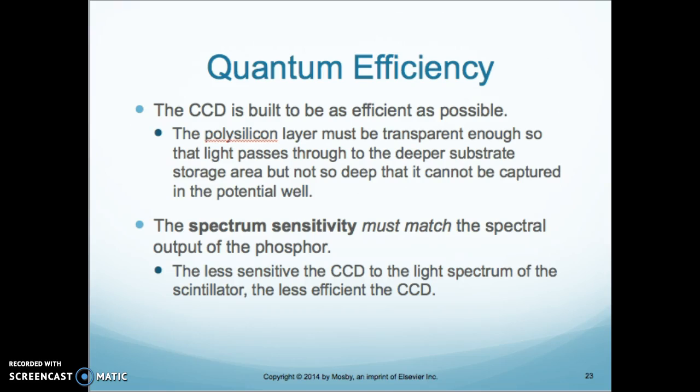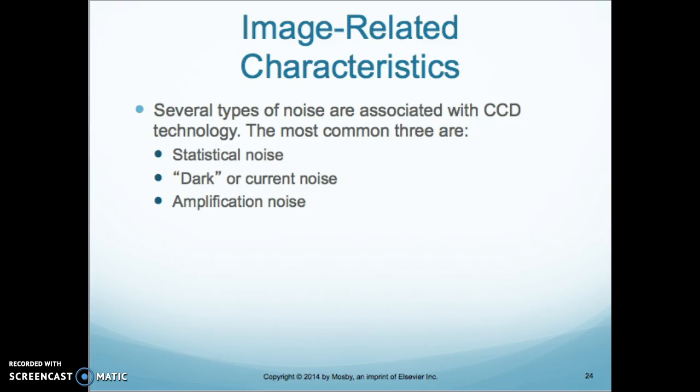The polysilicon layer must be transparent enough so that light passes through into a deeper substrate storage area, but not so deep that it can't be captured into the potential well. The spectral sensitivity must match the spectral output of the phosphor. The less sensitive the CCD is to the light spectrum of the scintillator, the less efficient the CCD.